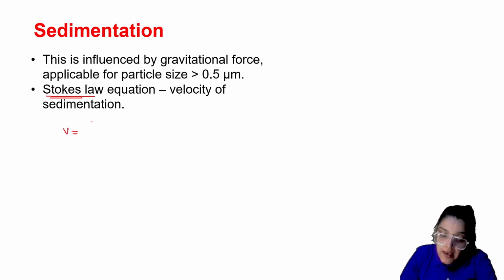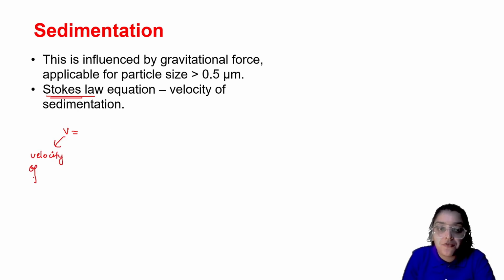Here V is the velocity of sedimentation. I'll write it quickly. V, the velocity of sedimentation, is equal to d square (rho s minus rho l) g upon 18 eta.